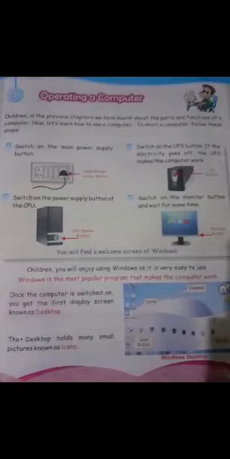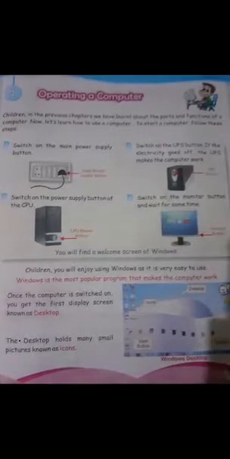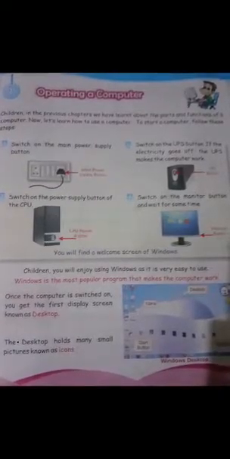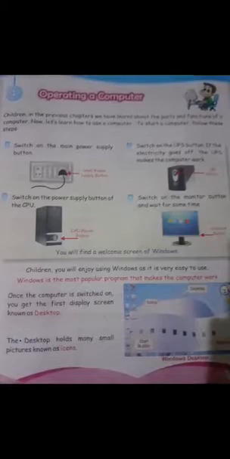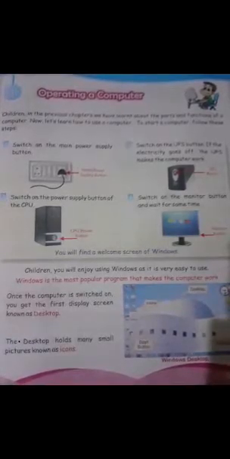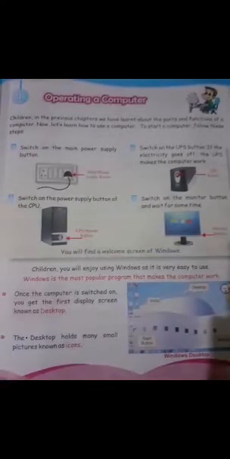And then switch on the power supply button of the CPU. Just look at the picture and then switch on the monitor button and wait for some time. You will find a welcome screen of Windows.